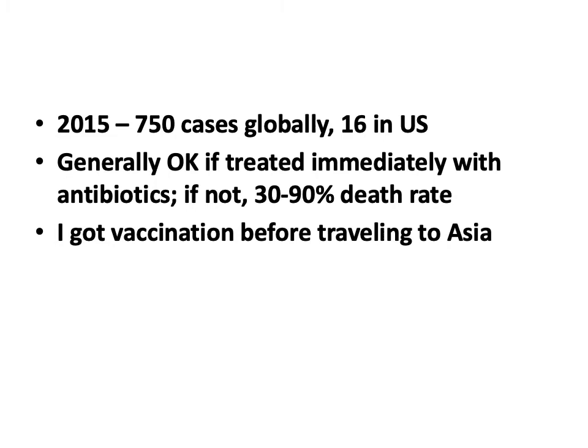In 2015, there were 750 confirmed cases of bubonic plague globally. 16 of those were in the United States, and it's believed that very few of those cases were due to rats, but rather fleas having infected squirrels or rodents that people had touched. Generally, people recover if they're treated immediately with antibiotics. If not, there's a 30 to 90% death rate if you contract bubonic plague.